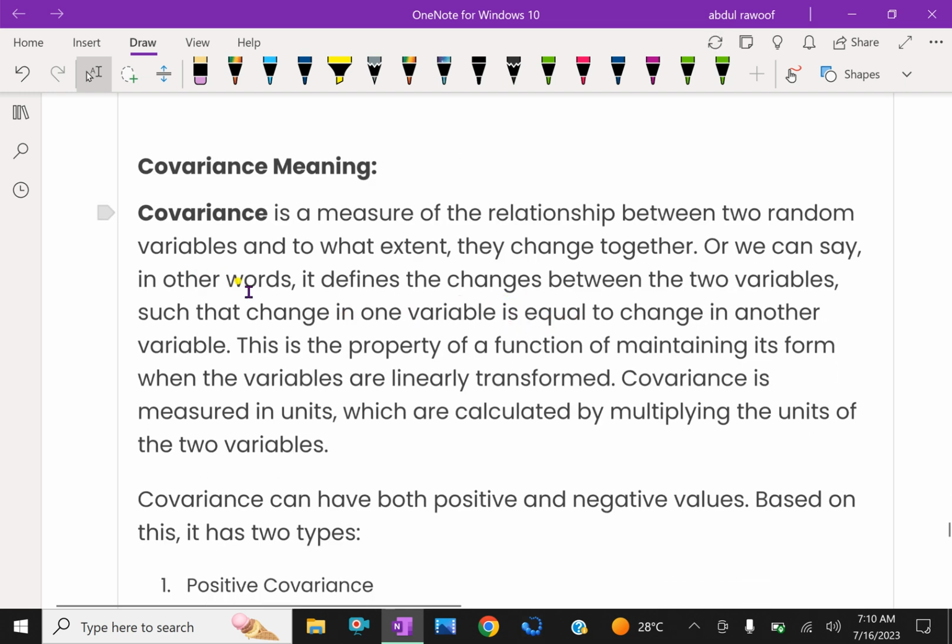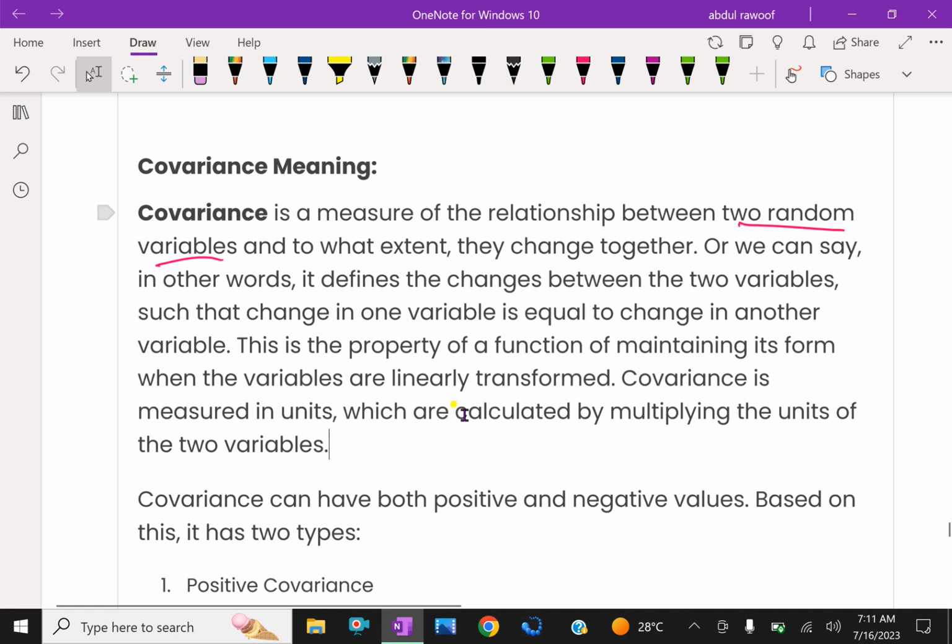What is covariance? It is a measure of the relationship between two random variables and to what extent they change together. That means we have to get the relationship between the two given variables. In other words, it defines the changes between the two variables, such that a change in one variable corresponds to a change in another variable.